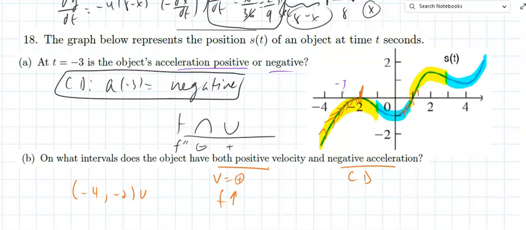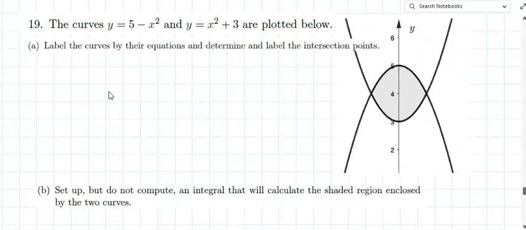Concaving down begins from 1 all the way to this point, because after that you're decreasing. So the answer would be just from -4 to -2, and from 1 to 2. Okay, next problem up.